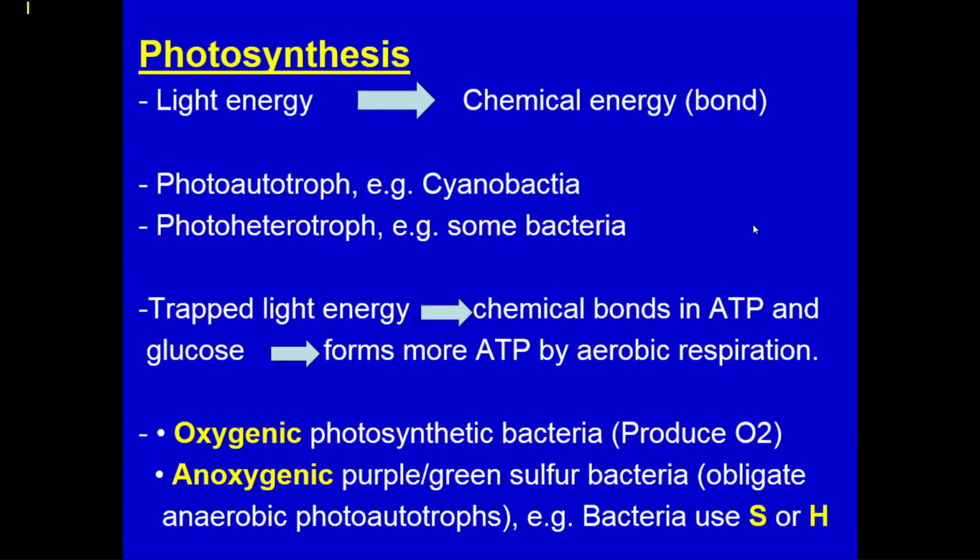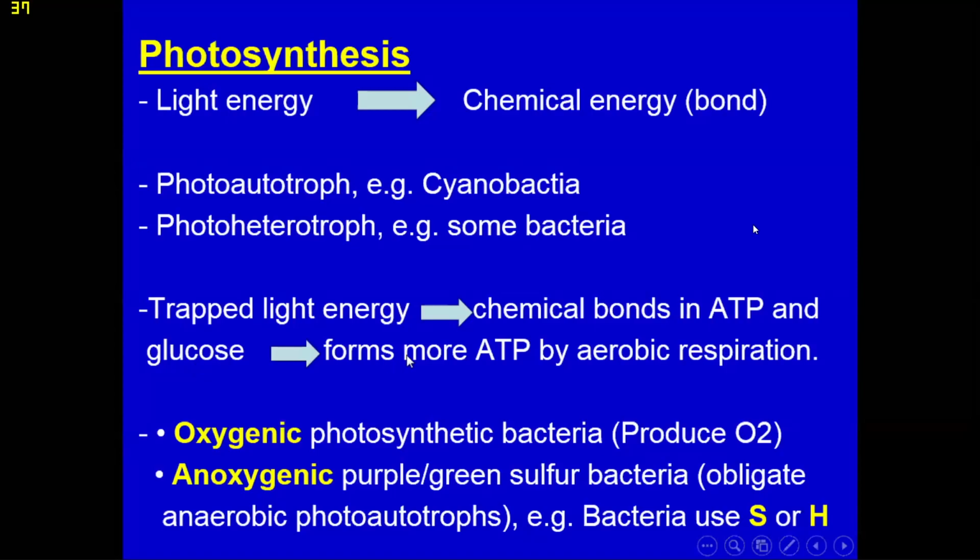The light will be trapped energy, تخزن الطاقة. This will be creating chemical bonds in the form of ATP and in the glucose.